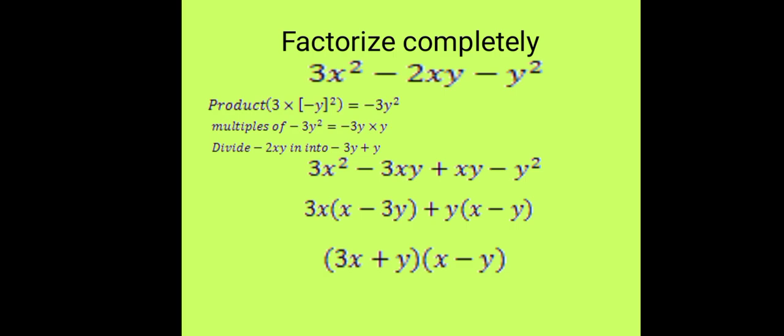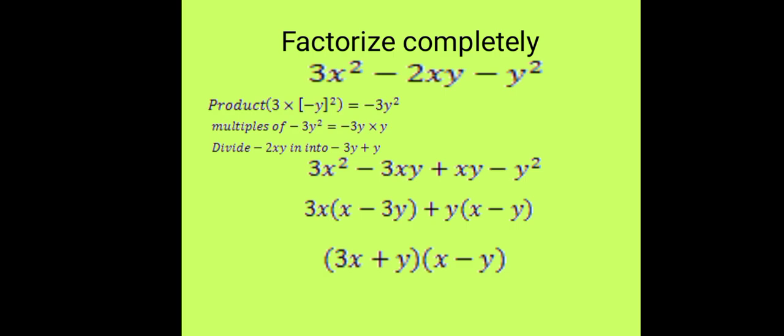Factorize completely. Now to factorize completely, we shall take the 3 that is just up, before x squared, multiplied by y squared.